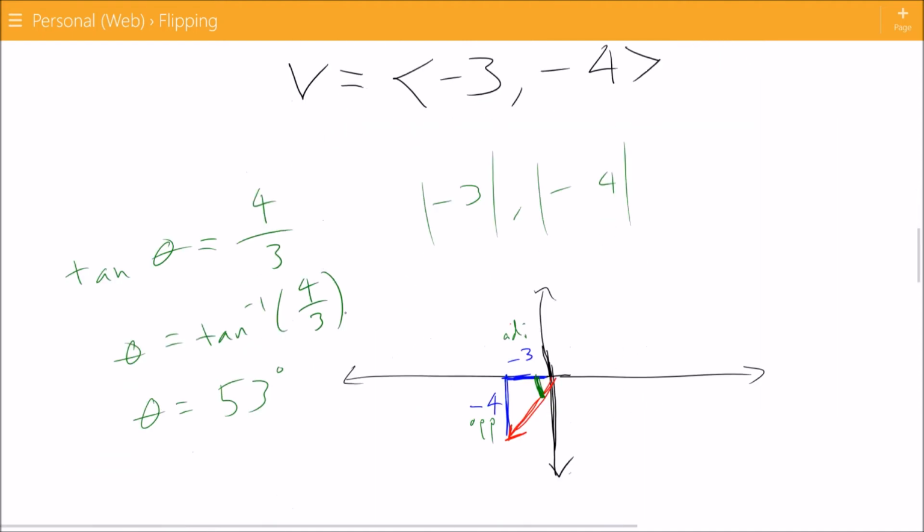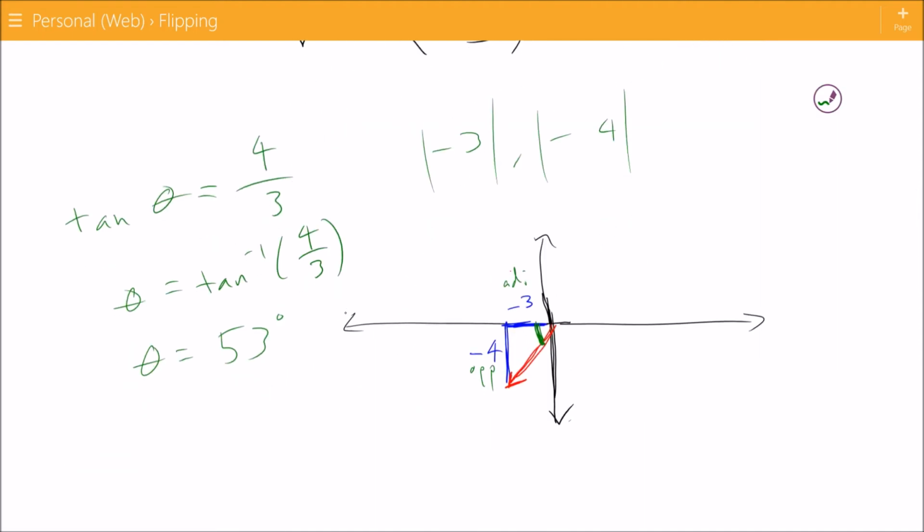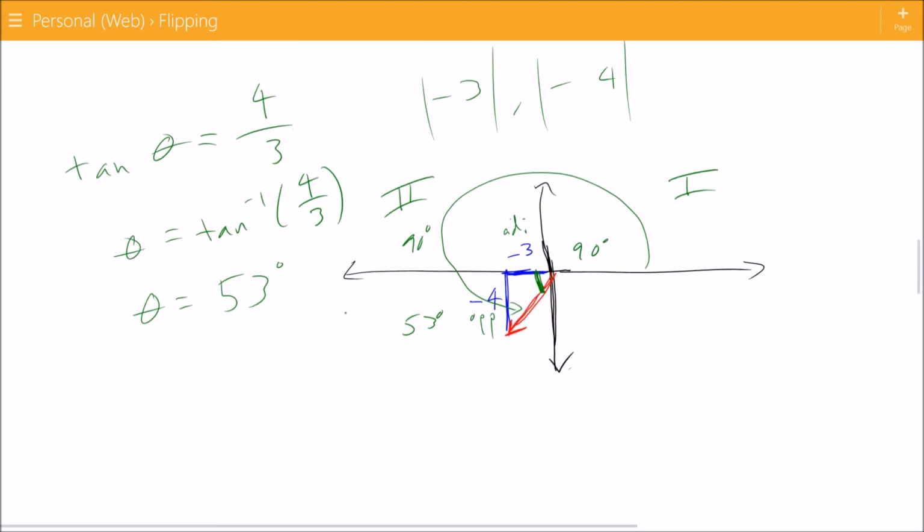But I want everything from the positive x-axis. So you can just add, in this case, everything else that you need. In quadrant 1, that's 90 degrees. In quadrant 2 over here, you have another 90 degrees. And then you have this extra 53 degrees down here that takes you to the vector.